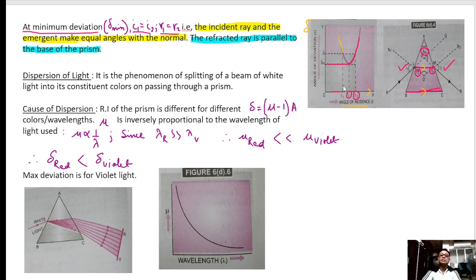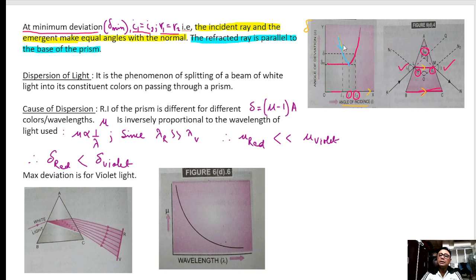So please keep a note of this: initially, if you increase the angle of incidence, the angle of deviation will decrease, and at a particular value it will become minimum, and then when you increase the angle of incidence, the angle of deviation will increase.